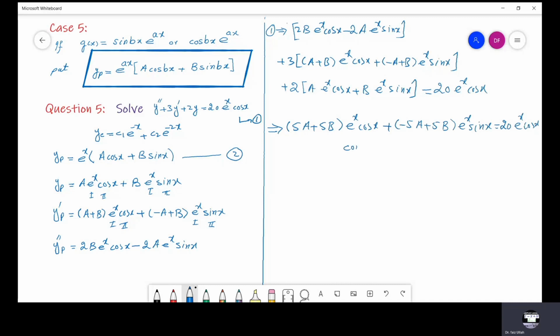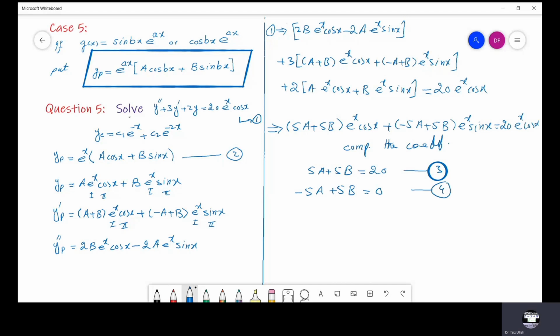And now let us compare the coefficient. We have 5a plus 5b, which is equal to 20. This is equation number 3. And the coefficient of e power x sine x on the left hand side is minus 5a plus 5b, and on the right hand side it is 0.